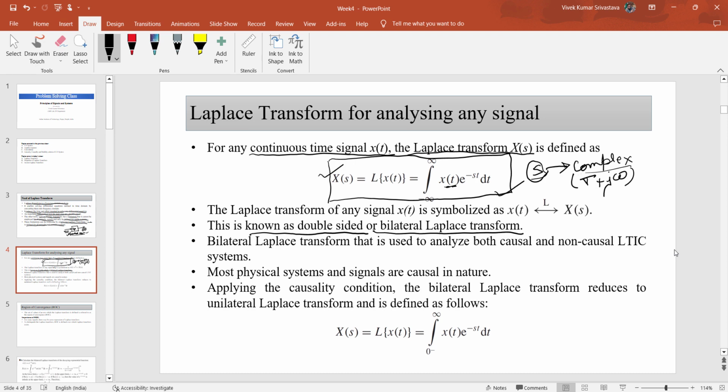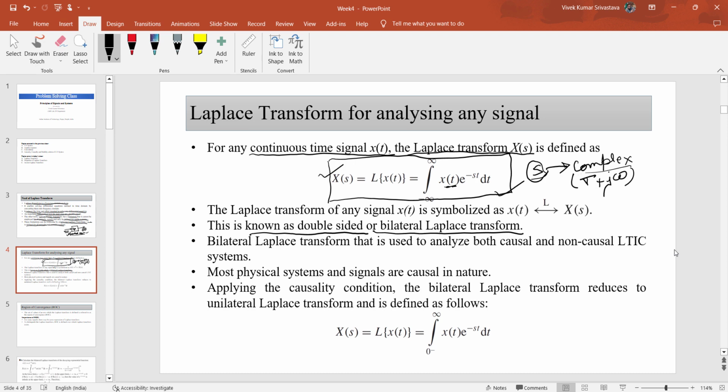Because here we integrate this signal from minus infinity to infinity, we are covering both the negative as well as the positive half of time. So this is known as the double-sided or bilateral Laplace transform.